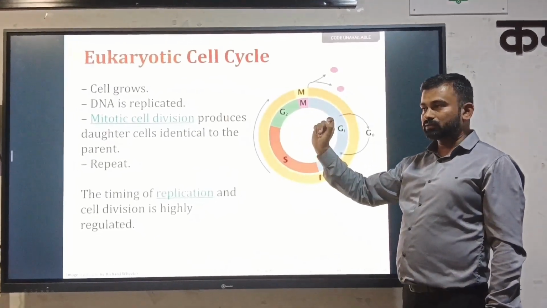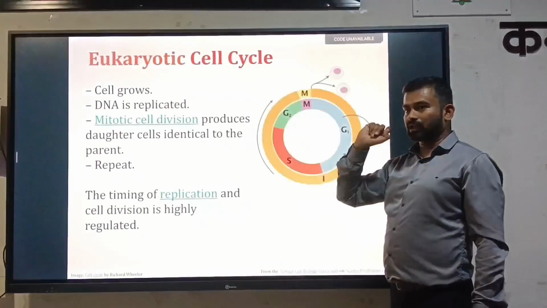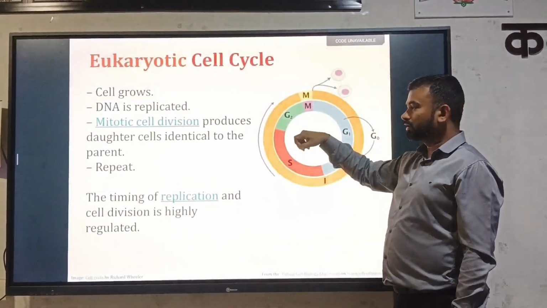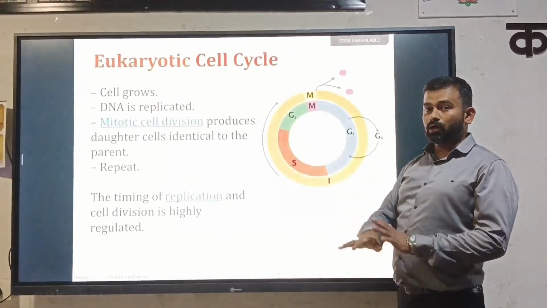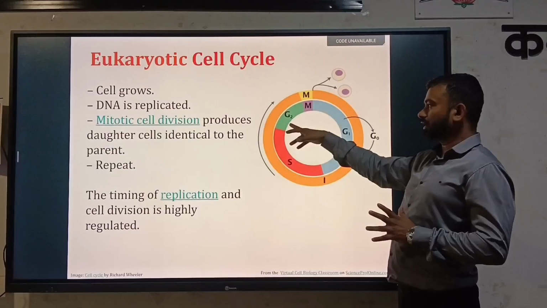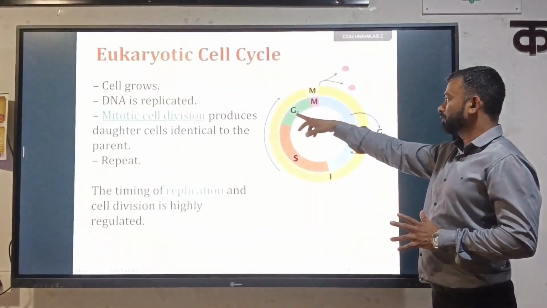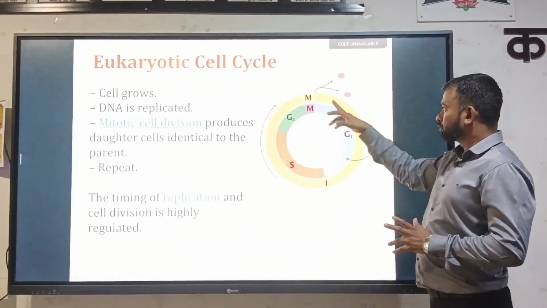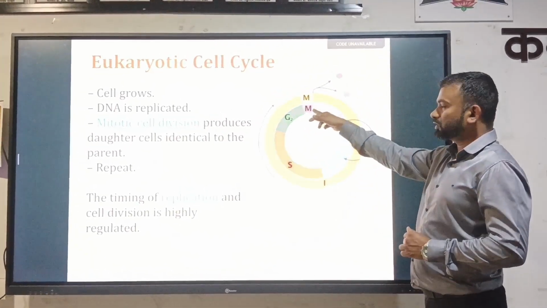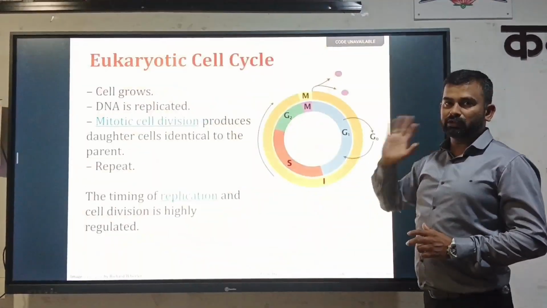The M phase is very important because this is the last step of the cell cycle. M stands for mitotic. So here mitosis or meiosis will take place.